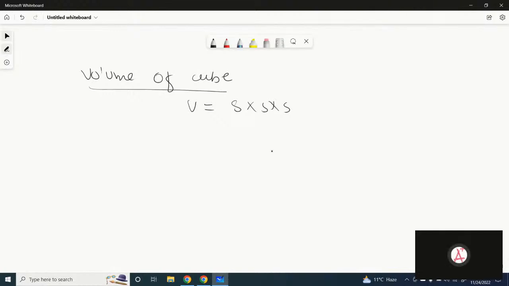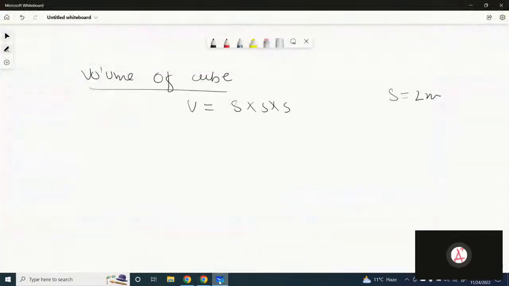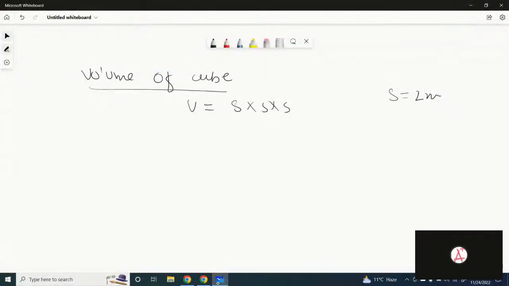Got it? So the side length given is 2 meters because it's a cube, so it has all three sides equal in length. They are 2 meters. Just substitute the values and find the value. It would be 2 times 2 times 2. 2 times 2 is 4 and 4 times 2 is 8 cubic meters.